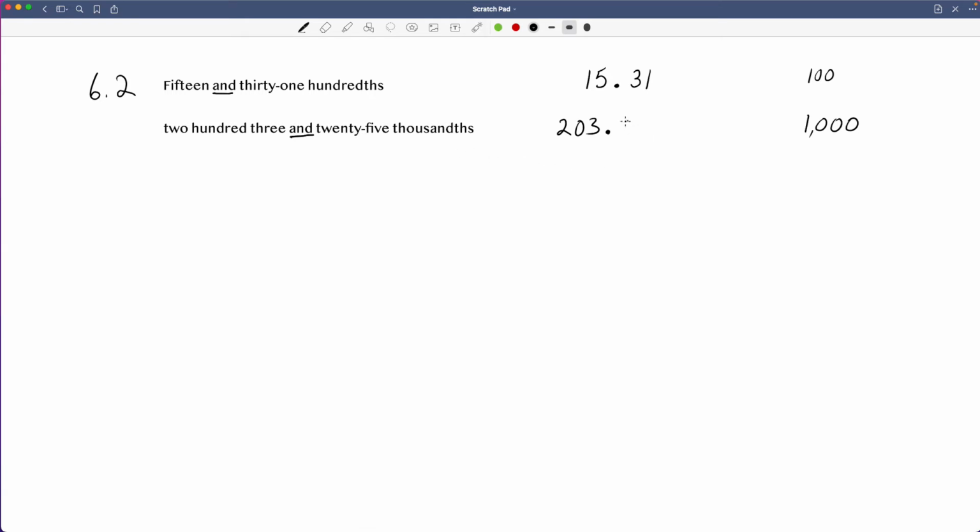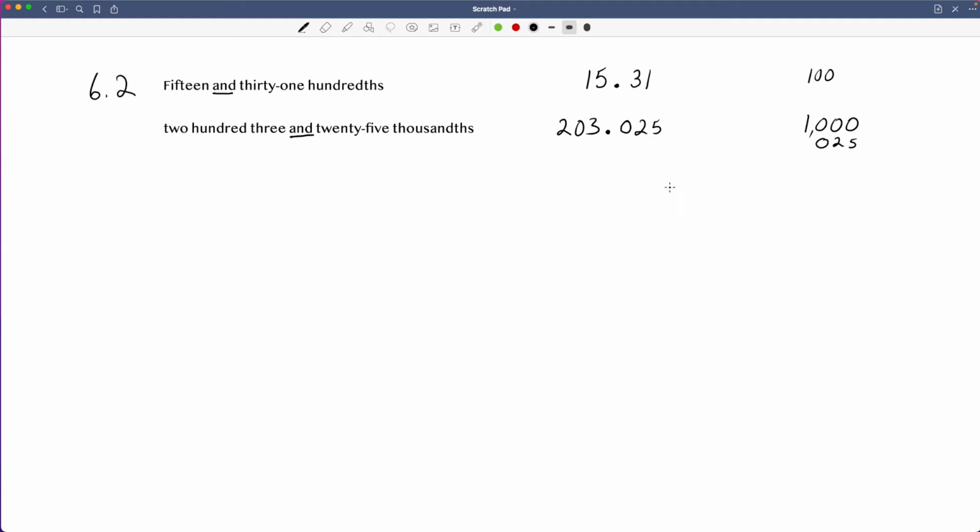So what that means is we have a 0 right here and then the 25, because the 5 has got to be in this last position at the end of all of it. So you would write the 25 to where 5 would be at the end and fill in the rest of the spaces with 0. So that would be the correct way to write 203 and 25 thousandths. All right, do you kind of see that little bit of a pattern there?